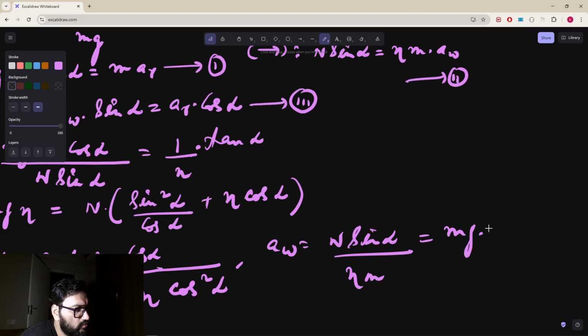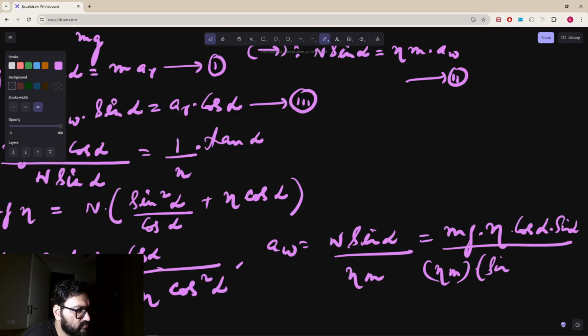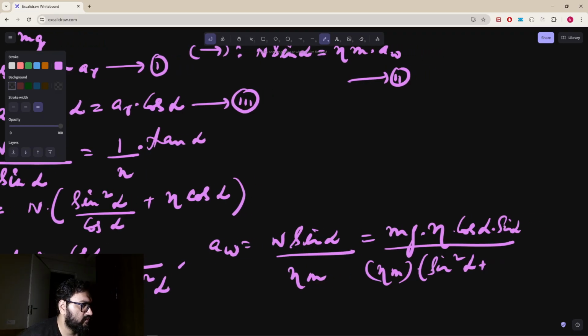mg into eta into cos of alpha into sine of alpha divided by eta times m, this eta times m into sine square alpha plus eta times cos square alpha.